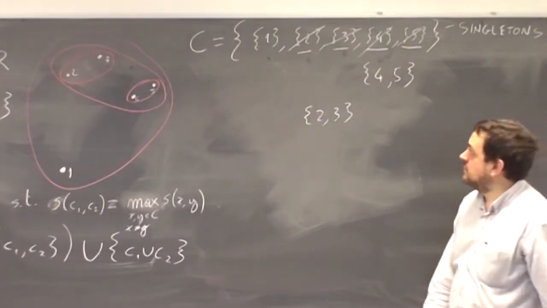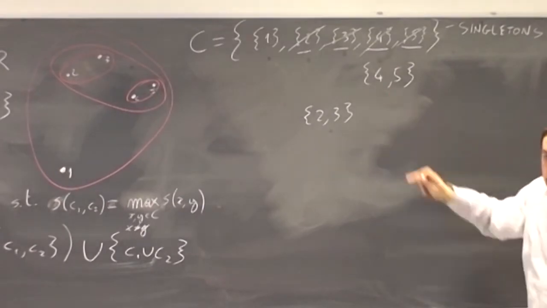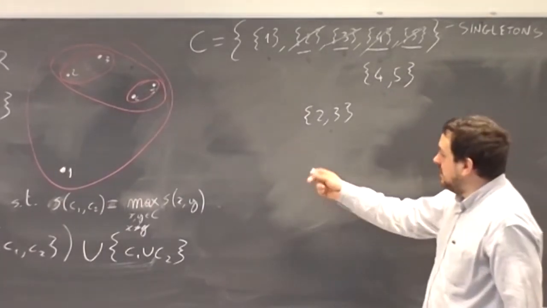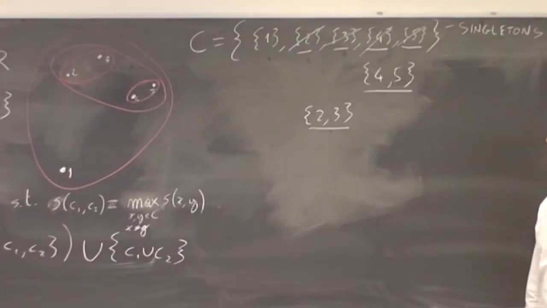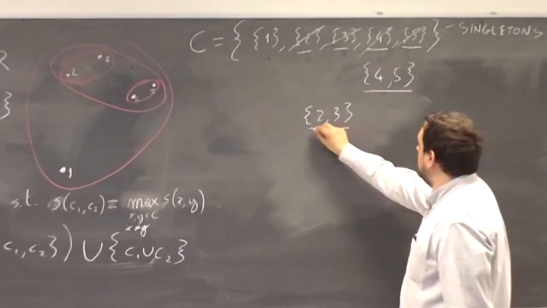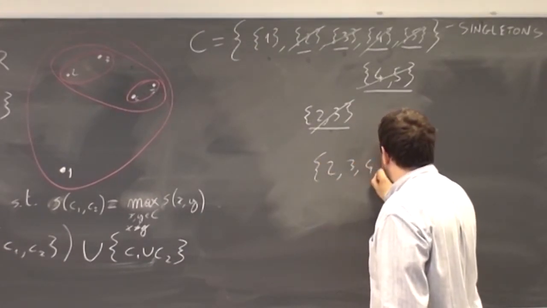Now C contains 1, 2, 3, and 4, 5. Next, we repeat. We take the two most similar items, we remove them from the set and merge them together.